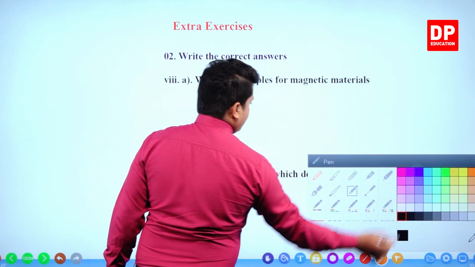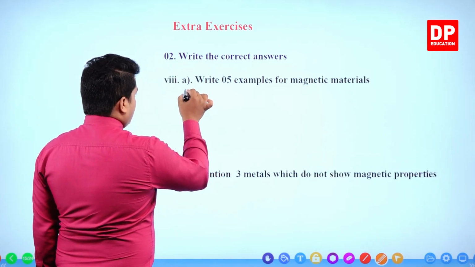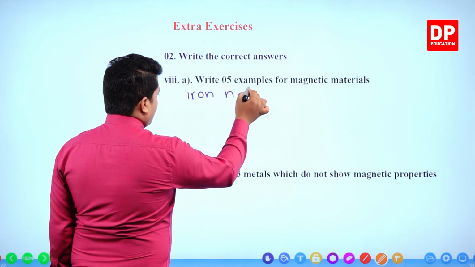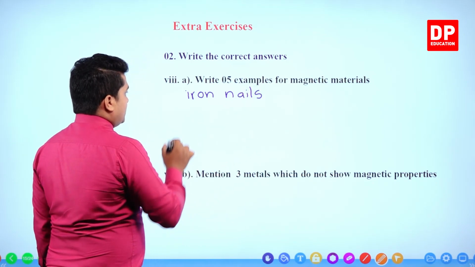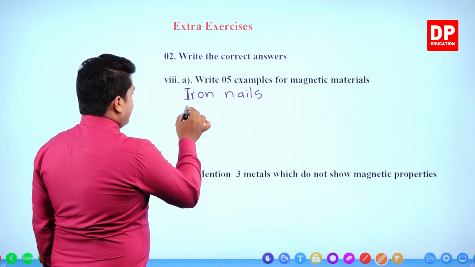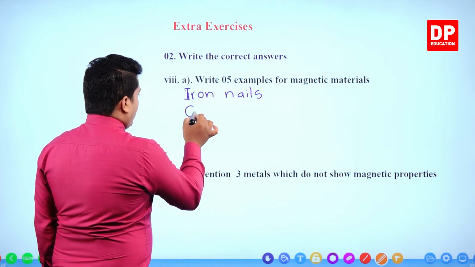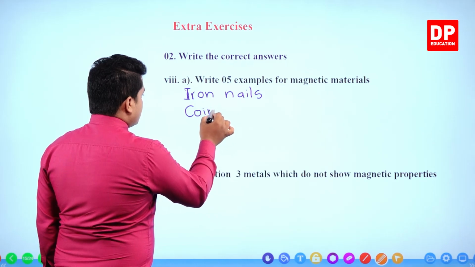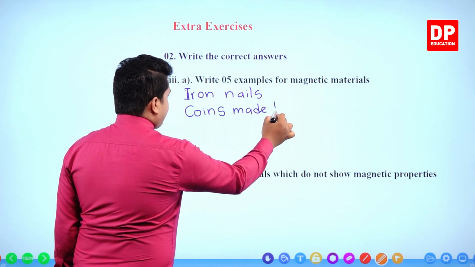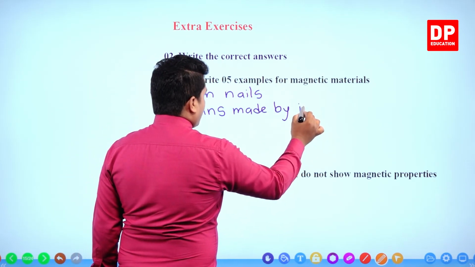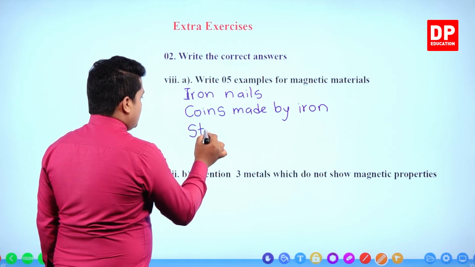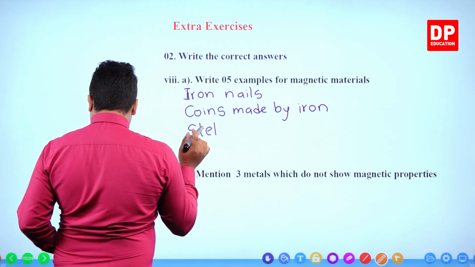You know that iron nails are good magnetic materials. Then coins made by iron. Then steel knives.